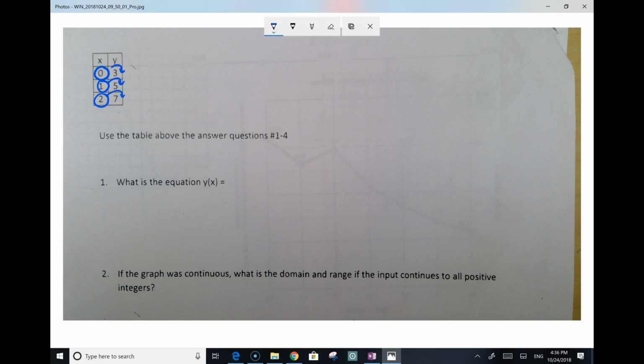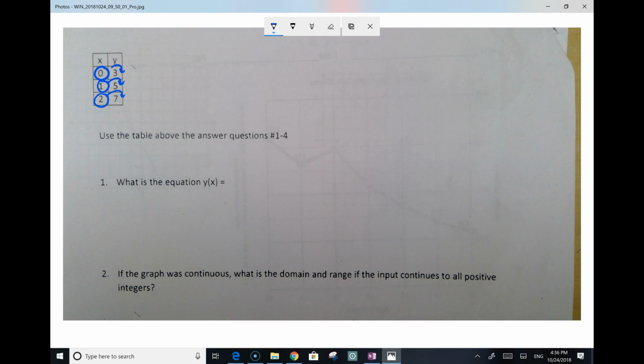And the way that the output is created by using the input has to be the same method for any input that you use. So if you're going to add 3 to the input to make the output, well, then you have to add 3 to each input to get your output. Okay, so if you add 3 to any input, it'll give you the correct output.